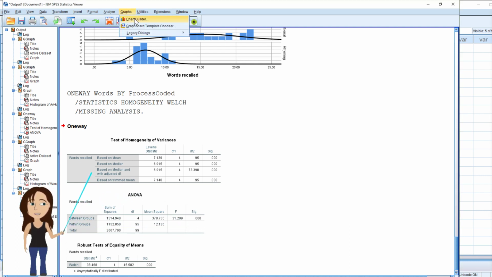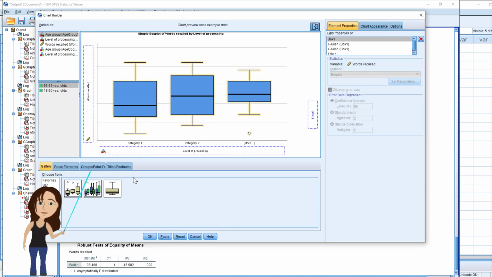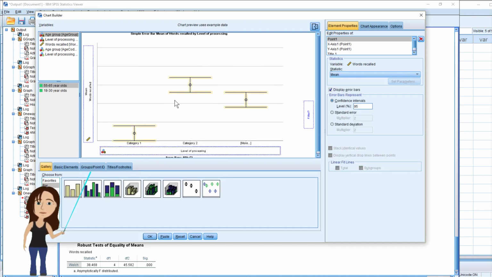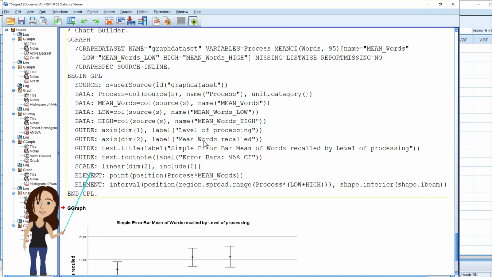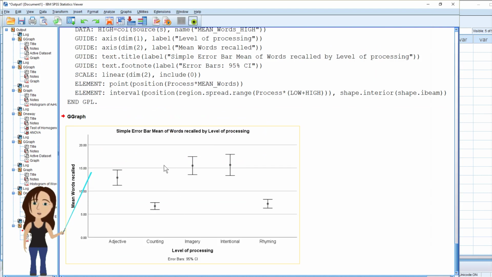Now, if you've got your box plot here, you can go to bar and drag your error bar chart on top, and hopefully you'll see your confidence intervals have been selected over the side here. So what do we see? It looks like there's probably no difference between imagery and intentional, probably no difference between counting and rhyming.